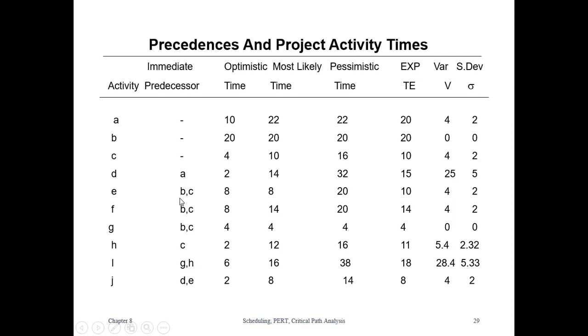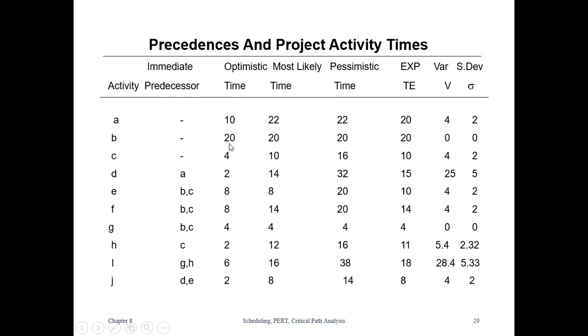For E, B and C have to be completed; for F, B and C have to be completed; for G, B and C have to be completed. Activity H requires C, activity I requires G and H, and activity J requires D and E. And we can see that there are three different time estimates out there.